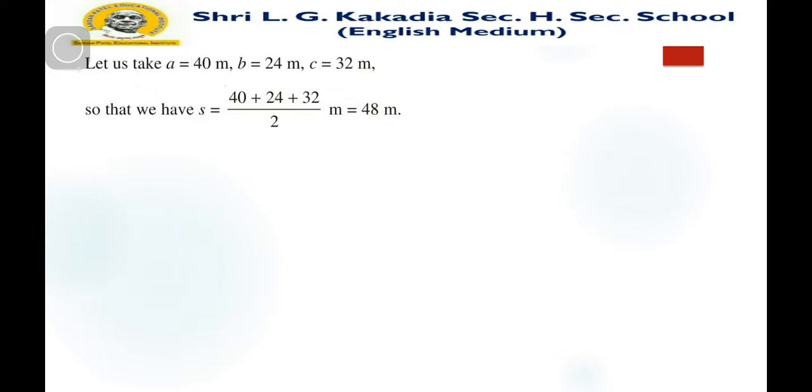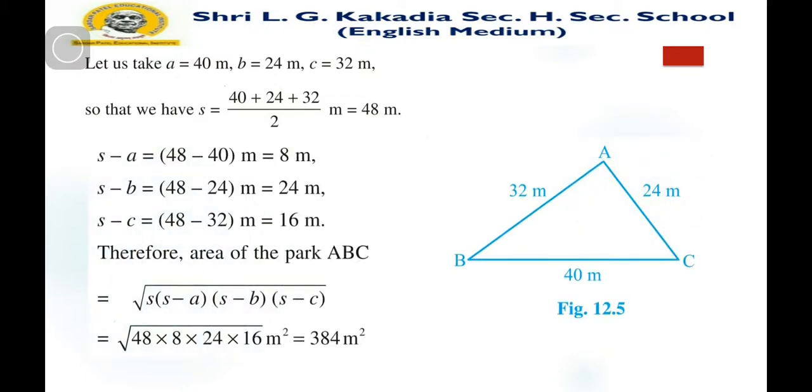Now using Heron's formula, first we subtract: S minus A, that is 48 minus 40, which is 8 meter; S minus B, 48 minus 24, that is 24 meter; S minus C, that is 48 minus 32, which is 16 meter.